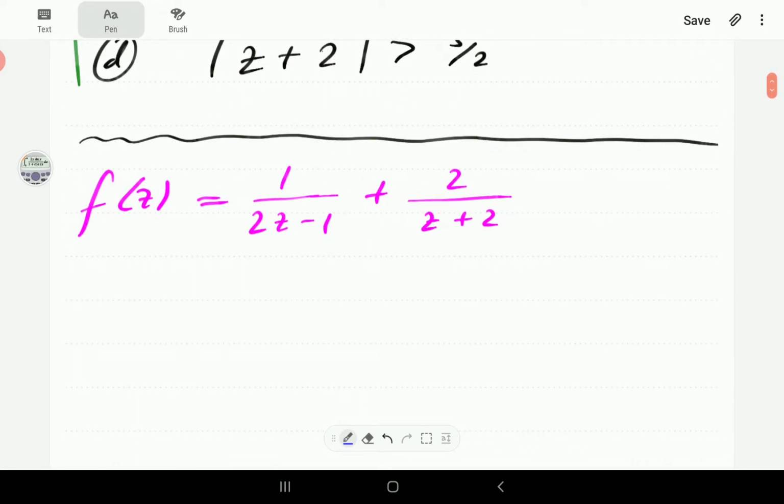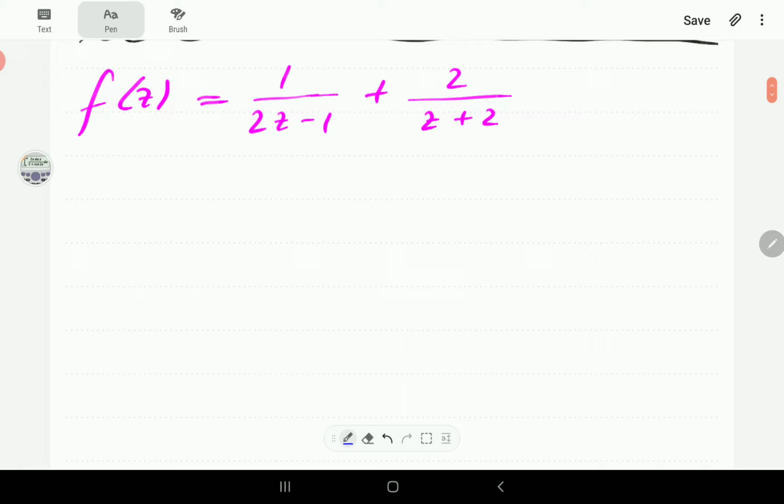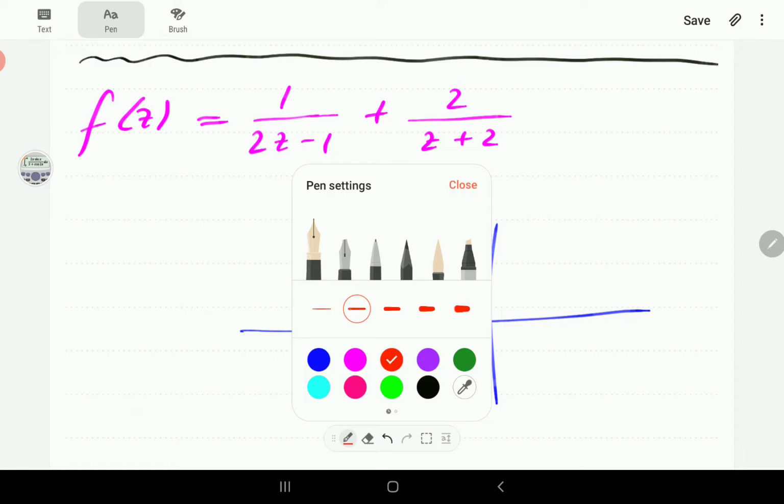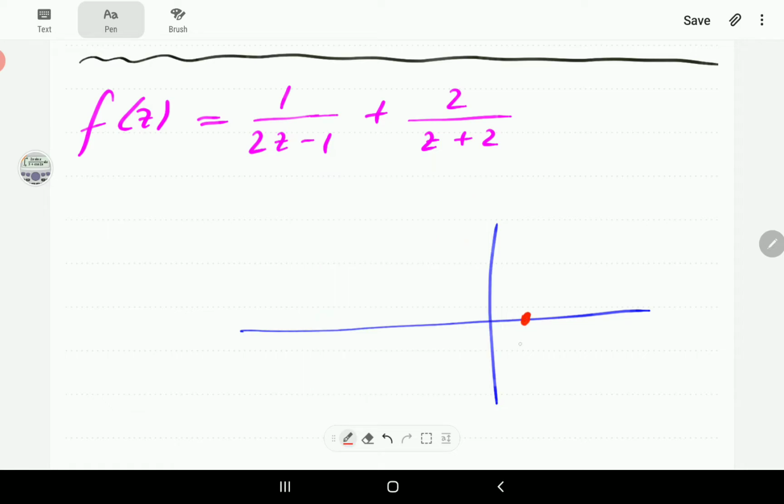We also showed that this function can be written in terms of partial fractions as shown here. So the singularities, there's going to be one at 1/2, and then there's going to be another one at -2. So 1/2 here, and -2 here.